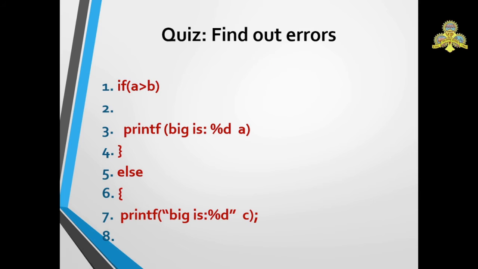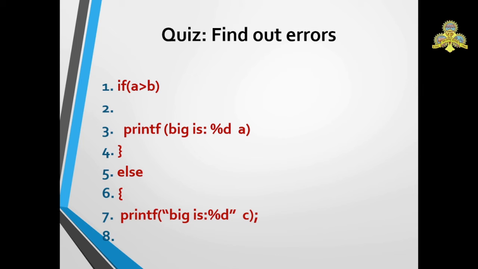Hello students. Now you will get a quiz question. I have written a small code here. You have to find out the errors in that code. You will get 1 minute of time.